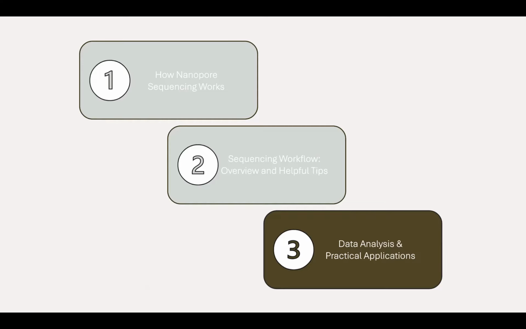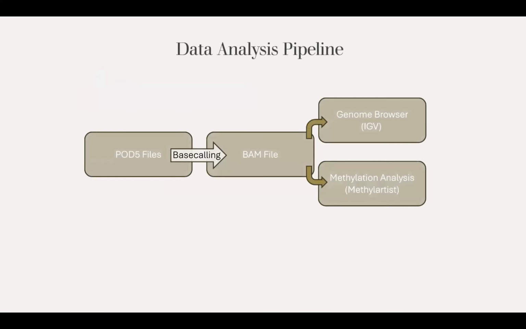With that, let's talk a little bit about the data analysis pipeline that my lab uses and some practical applications for these sequencing runs. For us, we decided to do a custom data analysis pipeline. The sequencer will spit out these pod5 files. Even though they're base called in real time, there are different base calling algorithms.